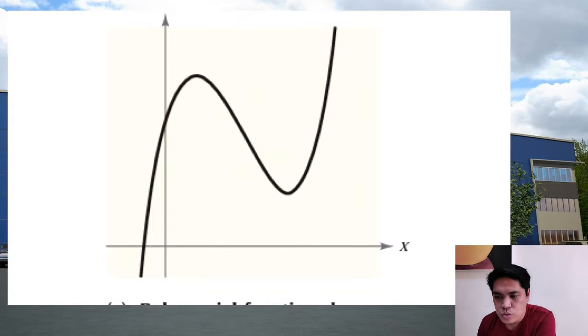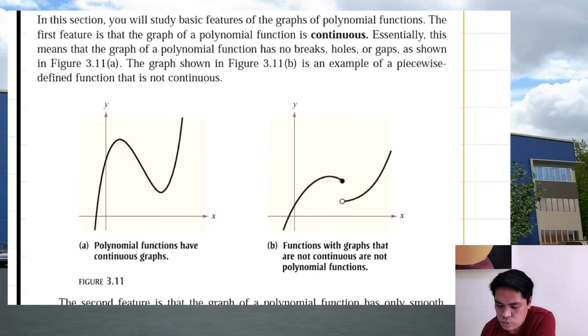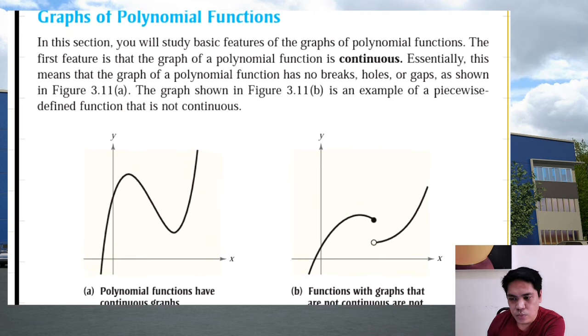So we need to learn how to find the values of the function when it crosses the x-axis or the y-axis. These are called the intercepts, the x-intercept and the y-intercept. And in order to do that, we need to learn about the zeros of a polynomial. Right? Because this is the value that will make the function 0.